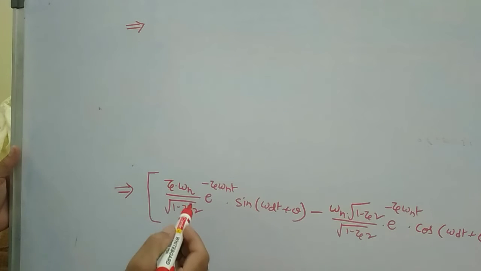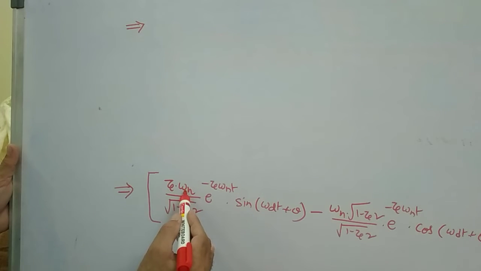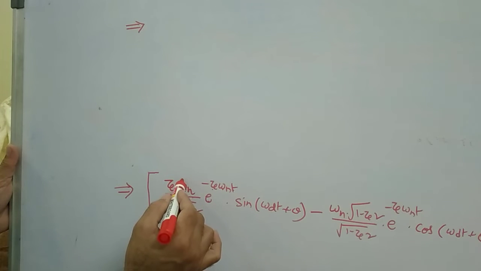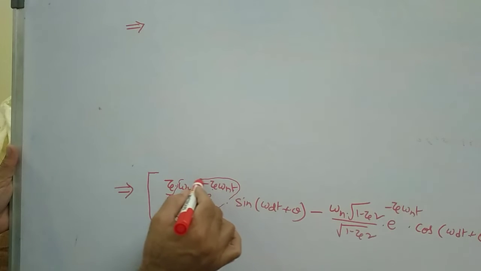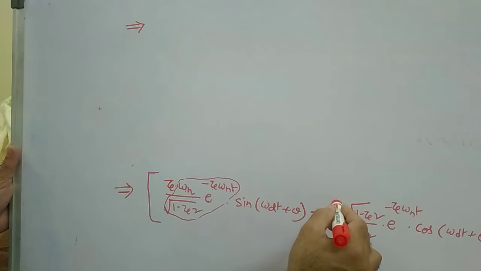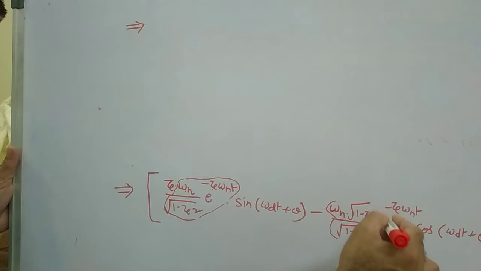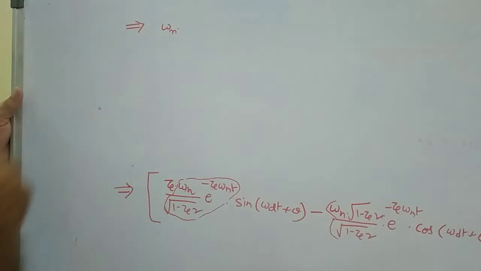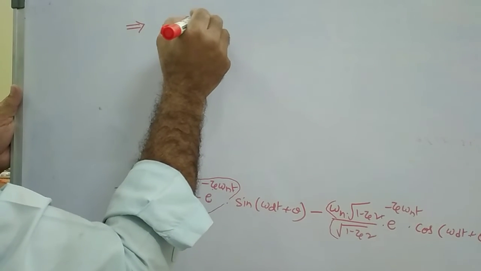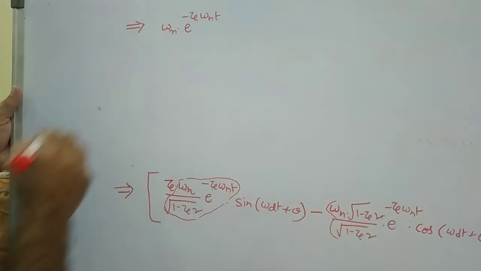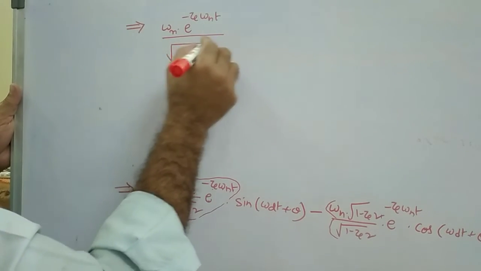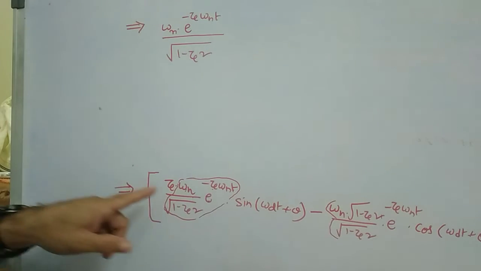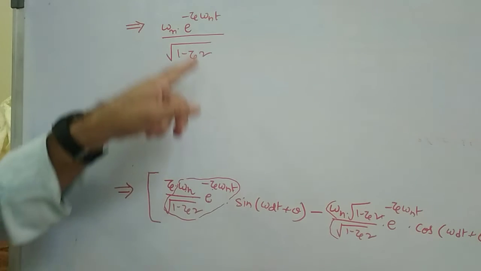In these two, omega n into e power minus zeta omega n t by square root of 1 minus zeta square, this whole part you can take as common. That is omega n into e power minus zeta omega n into t by square root of 1 minus zeta square. So in both the terms we have this term, omega n into e power minus zeta omega n t by square root of 1 minus zeta square.